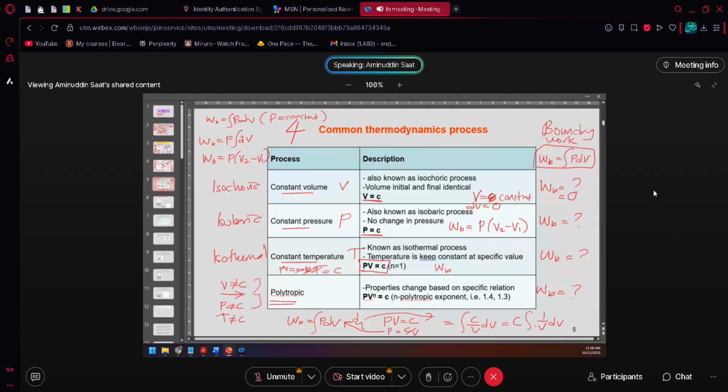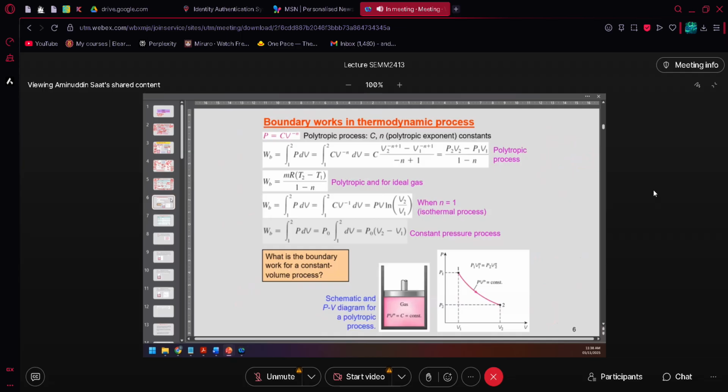You do the integration and finally you get this one, for T constant, isothermal: PV ln V2 divided by V1. And this is for P constant, isobaric.